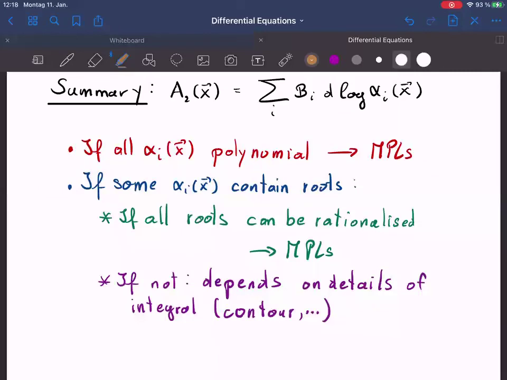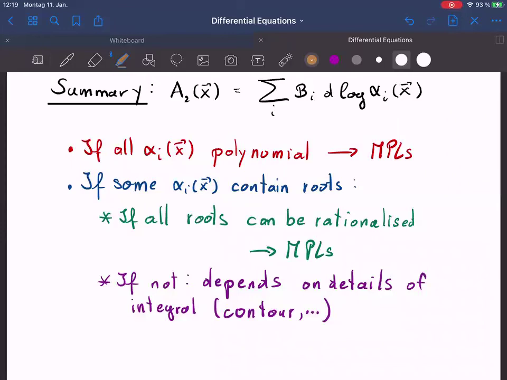And this letter, alpha i, is an algebraic function. So it's rational and may contain square roots, for example. And what we've seen is that whenever the alpha i's are all polynomials, or all rational functions, just ratios of polynomials, then I can always evaluate it in terms of polylogs.